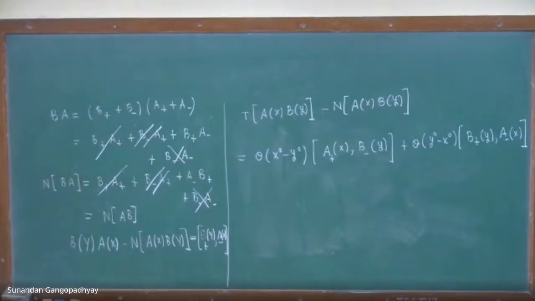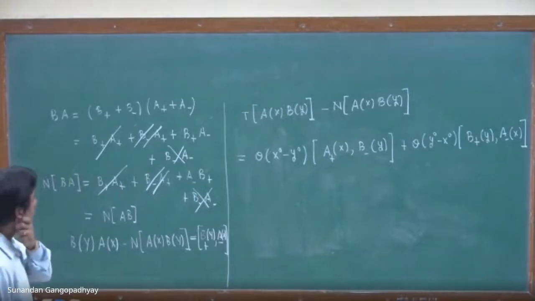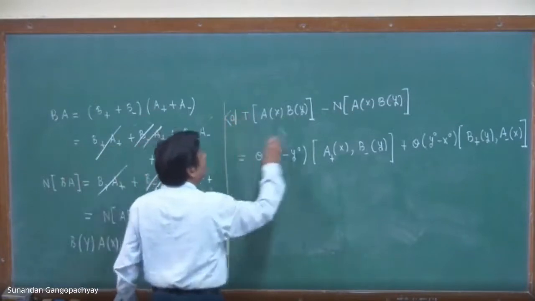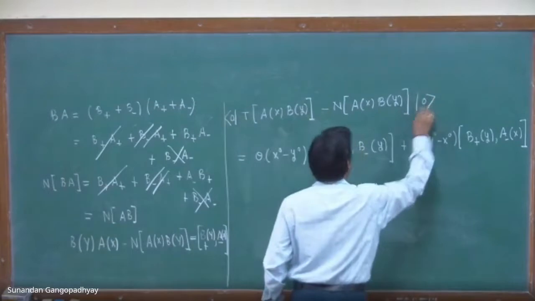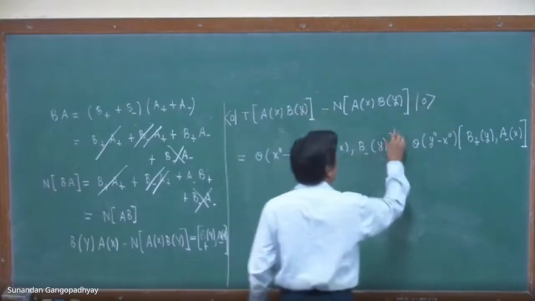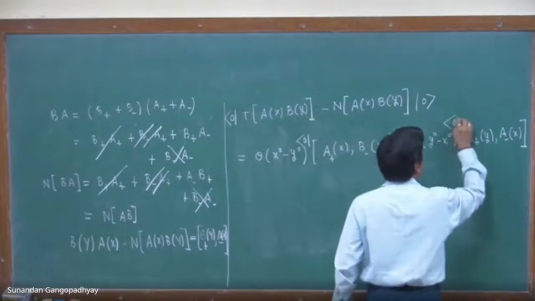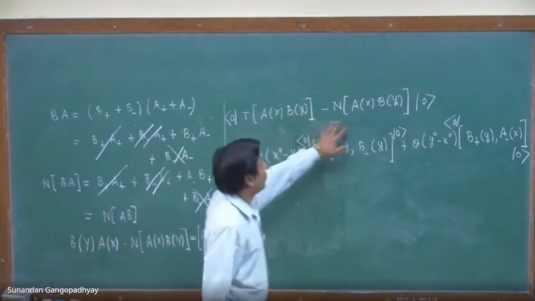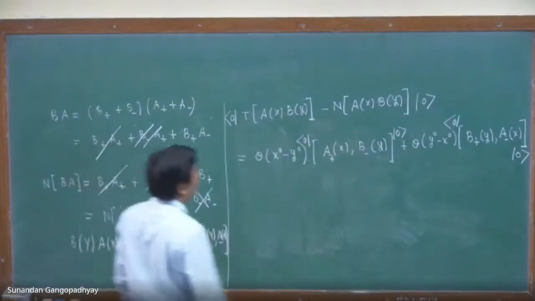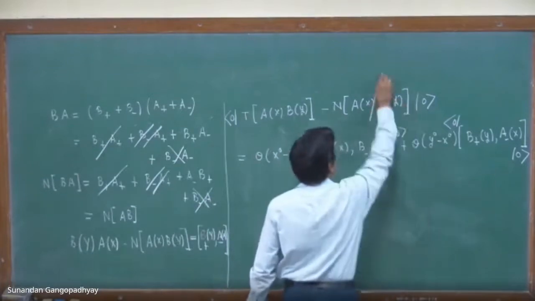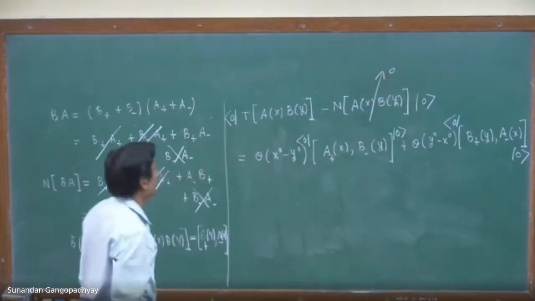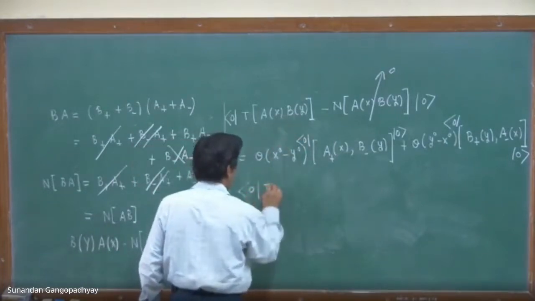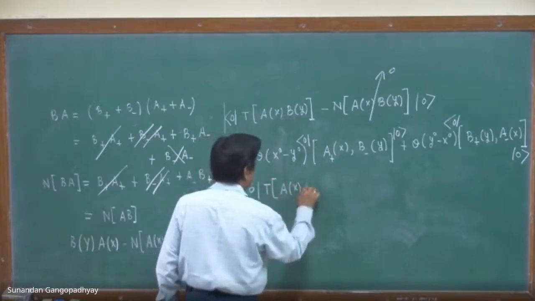And then what we can do is we can take a vacuum expectation value. So this will be our vacuum expectation value. We know that the vacuum expectation value of the normal order product of any string of operators is basically 0. So this term is gone, and therefore what we have is Ax By vacuum expectation value of the time order product of two operators.